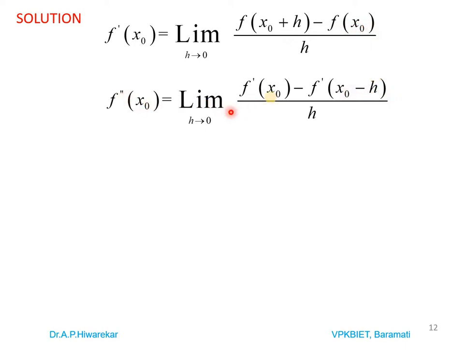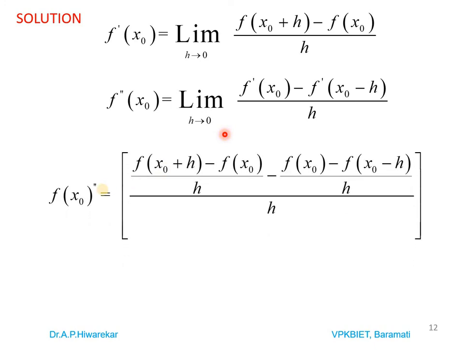So f double dash I am writing as f dash of x0 minus f dash of x0 minus h divided by h as h tends to 0. So f double dash of x0 is, putting the value of f dash of x0 here, f of x0 plus h minus f of x0 divided by h.